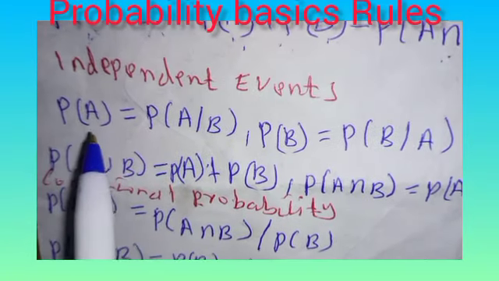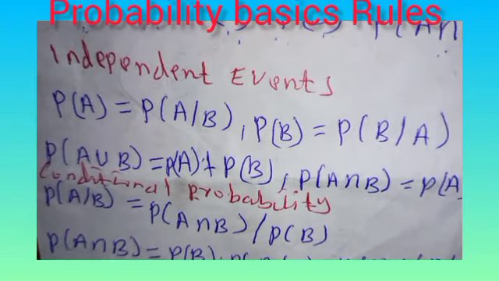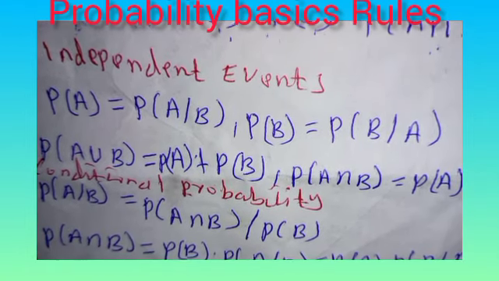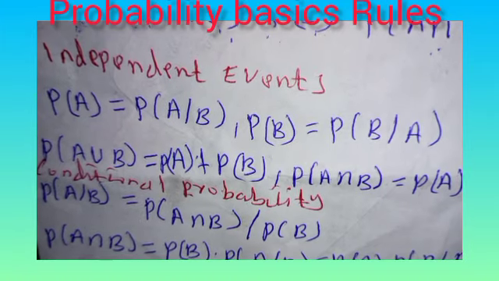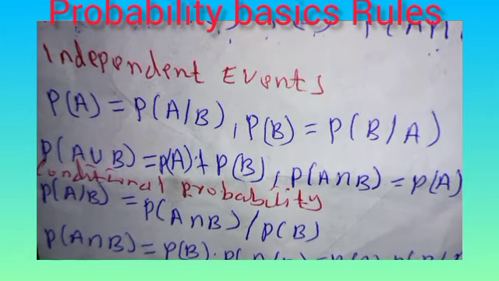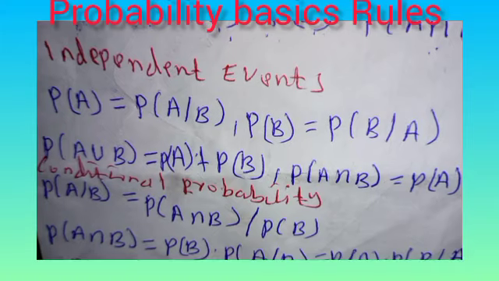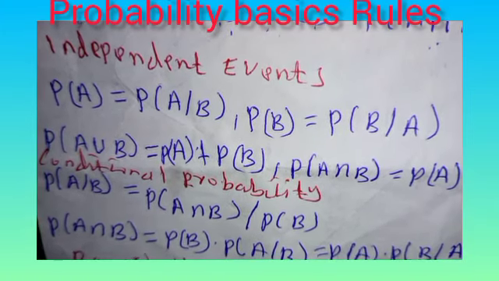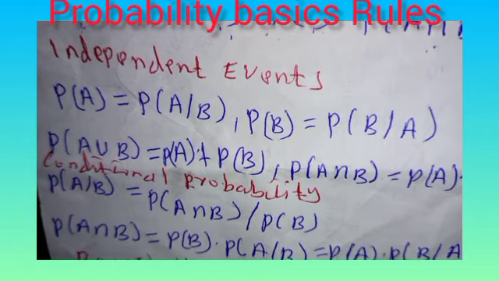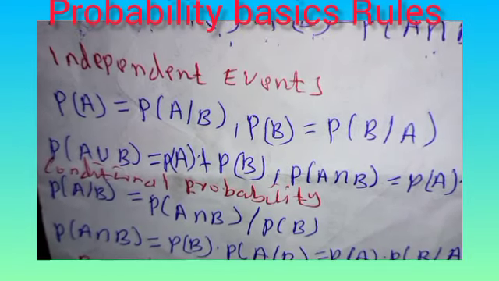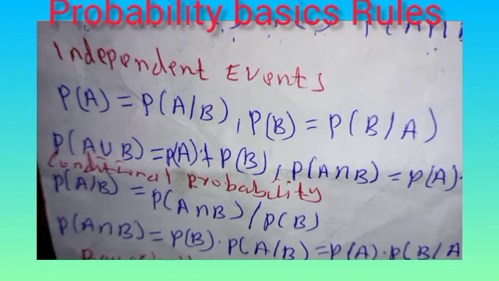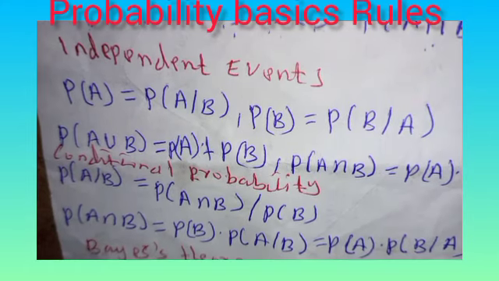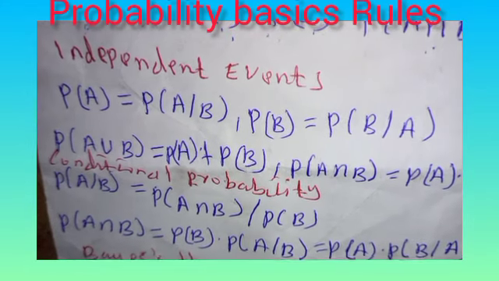For example, the probability of a day being sunny is not affected by whether it is Monday, Sunday, Tuesday, Wednesday, Thursday, or Friday. It does not depend on that. Any day can be sunny. So that is an example of independent events.